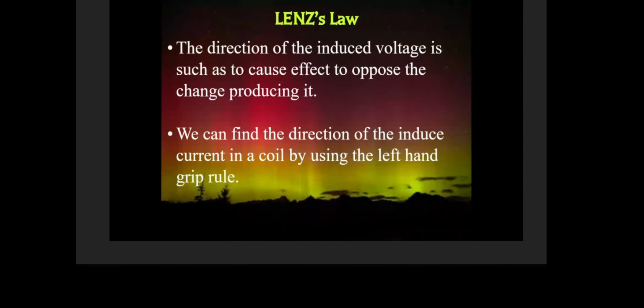What that means is that when you put a magnet inside the coil, or take a magnet out of the coil, the coil will generate a magnetic field that opposes the change causing it. We're going to look at it in a simulation. So Lenz's law tells us about the direction of induced current in a coil.